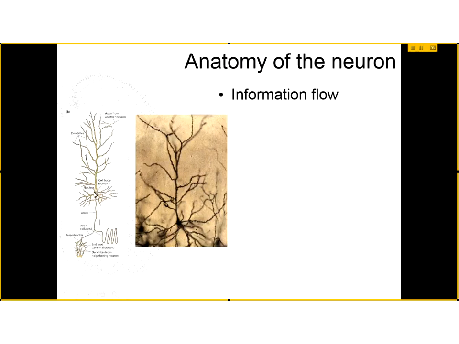So dendrites collect information, the soma, or the cell body, integrates that information and decides what it should do with it, and then the axon carries that decision whether to be excited onto another neuron to excite that or potentially inhibit that neuron. So dendrites collect, soma, cell body integrates, axon communicates further down. That's the flow of information across the neuron.